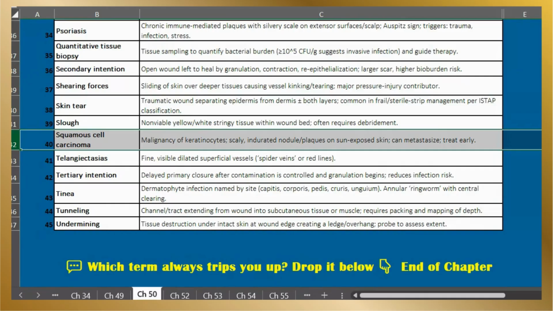Squamous cell carcinoma is a malignancy of keratinocytes, a scaly indurated nodule or plaque on sun-exposed skin, can metastasize. Treat early.